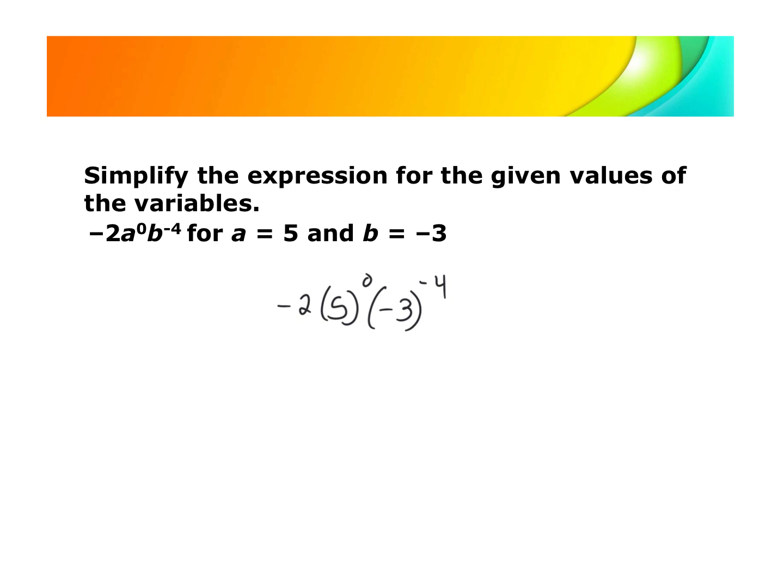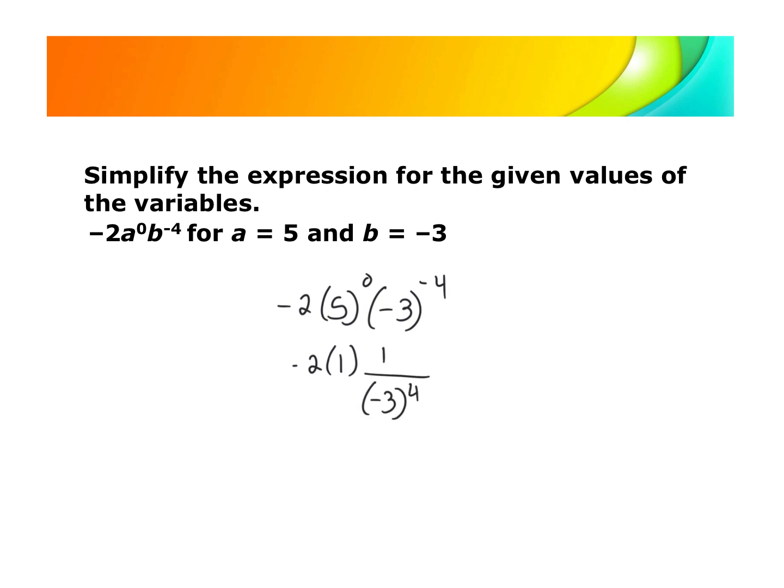So the first thing when it comes to this type of problems that I like to do is to figure out the exponents. Well, you guys know PEMDAS: parentheses, exponents, multiplying, dividing, adding, and subtracting. So there's nothing we can do for multiplying until we get rid of the exponents. Our term 5 to the 0 power is 1. So I'm just going to write negative 2 times 1. And then our term with negative 3 to the negative 4th power is 1 over negative 3 to the 4th power.